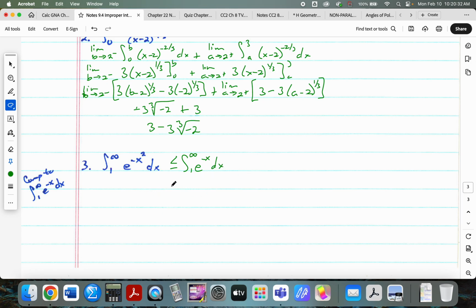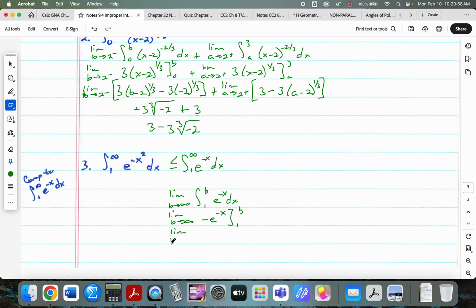So we'll do the limit as b goes to infinity of the integral from 1 to b of e to the negative x dx, which will be the limit as b goes to infinity of negative e to the negative x from 1 to b.